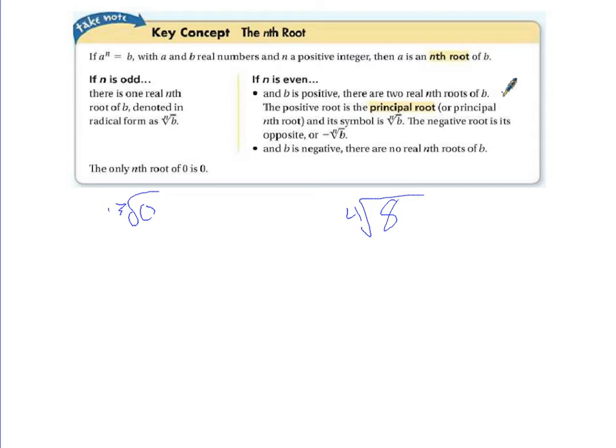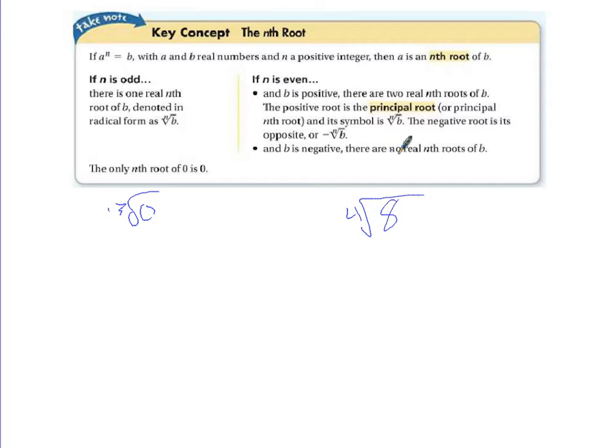One's positive, one's negative. The plus or minus that we've always been using when we take square roots. So you kind of already know this. The positive root is called the principal root. That's just what it's called. The negative root is the opposite root. The negative root is just the negative version of the principal root, the plus or minus. It's the minus.